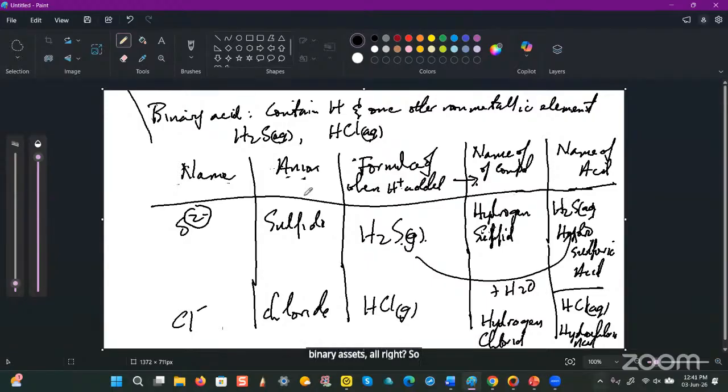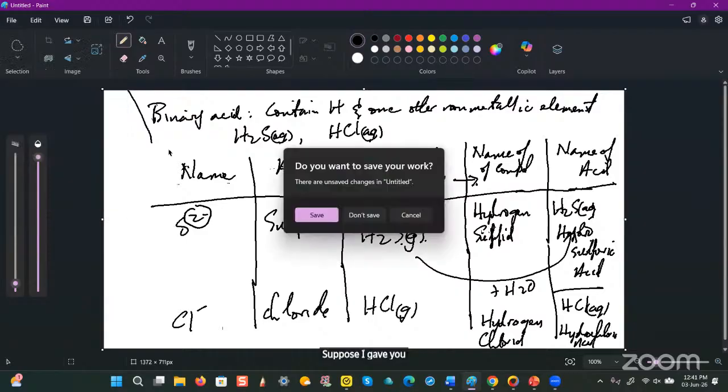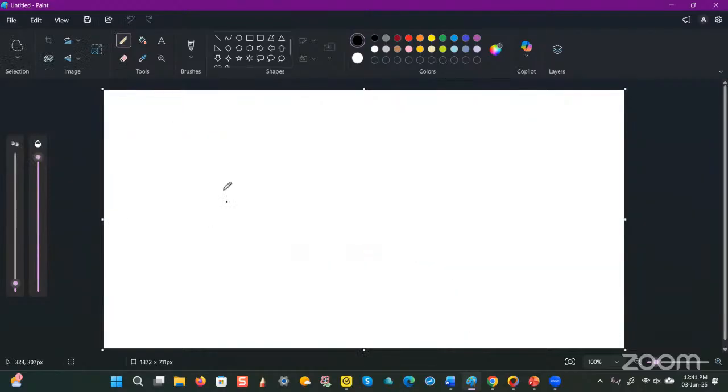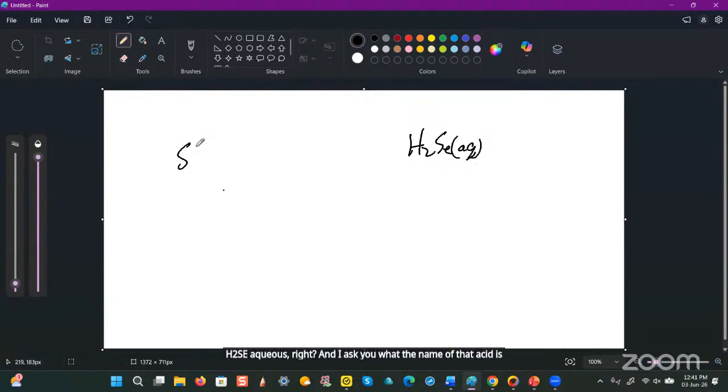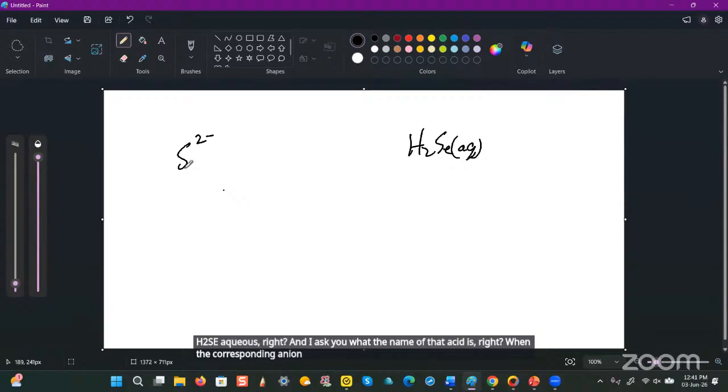So just to see if you understand how this is done, suppose I gave you H2Se aqueous, right? And I ask you what the name of that acid is. Well, the corresponding anion is the selenide ion, which you can look up in the tables, as I said before.